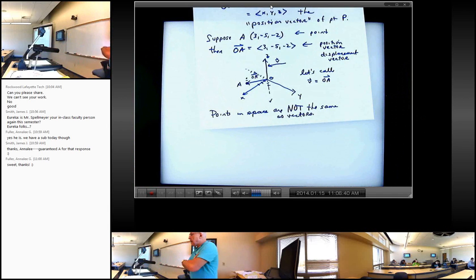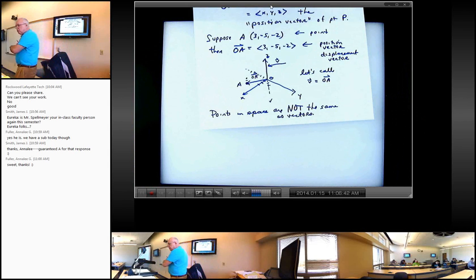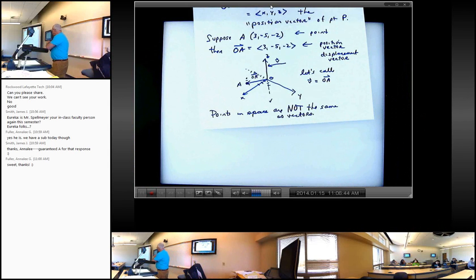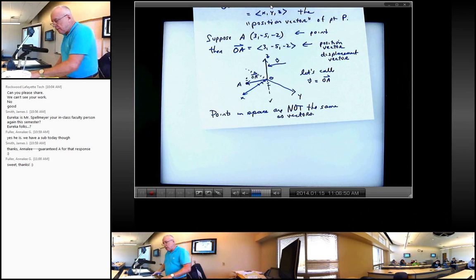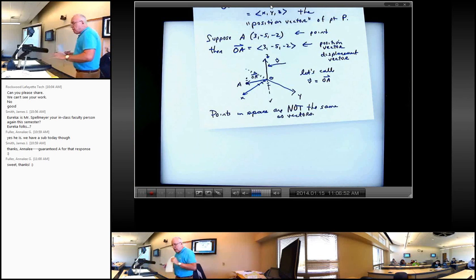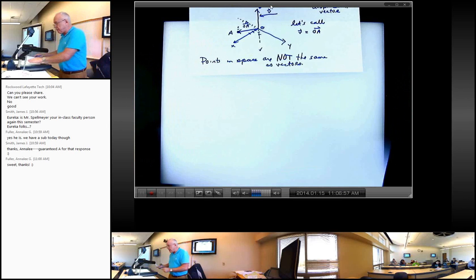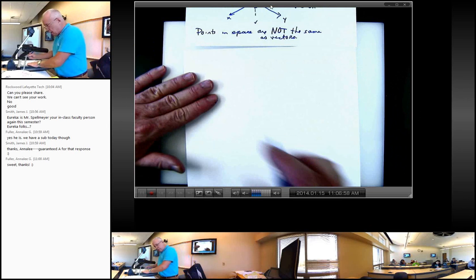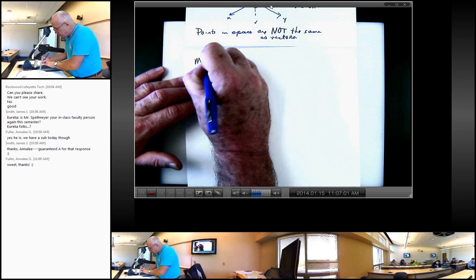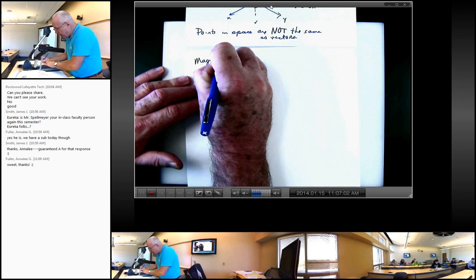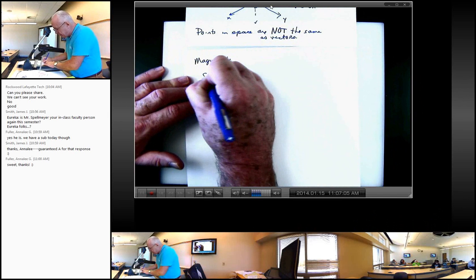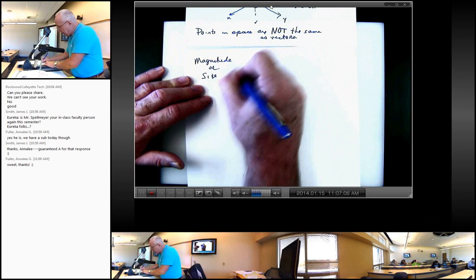Now, so far we've looked at how we can add and subtract vectors and how these three components give us the direction that the vector is pointing. But we can also algebraically determine the size of the vector. So for magnitude, or size, we have this.